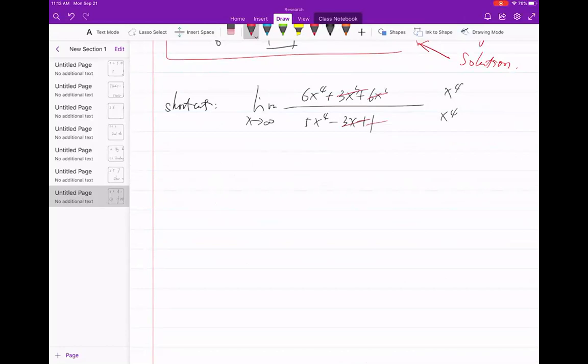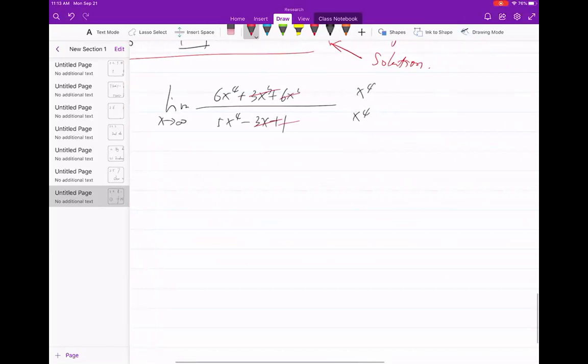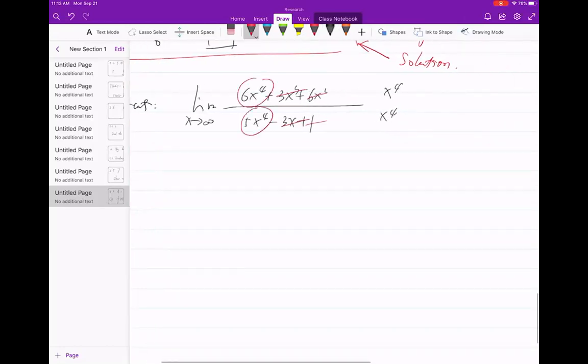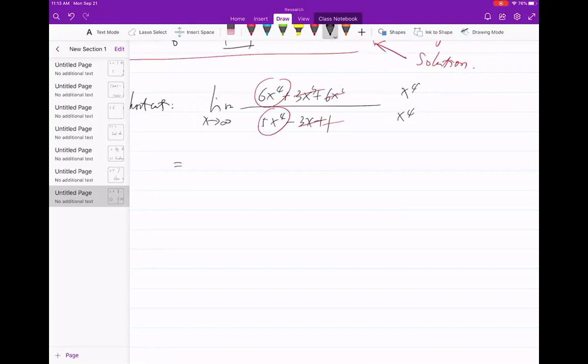Good so far? So what we just did is equivalent to just focusing on the biggest one and figuring out what happens to them. In this case, they just cancel. The answer is 6 over 5. Make sense so far? Okay.